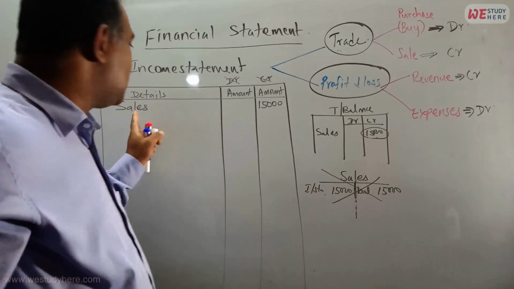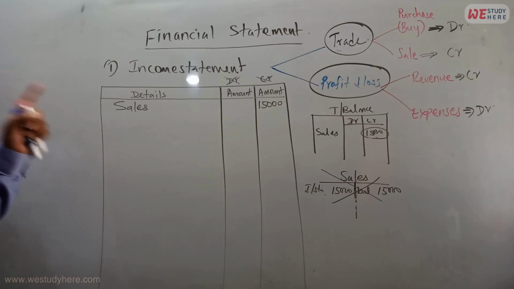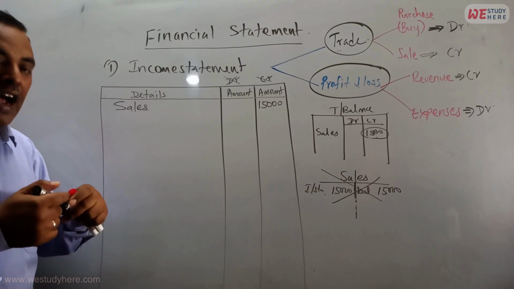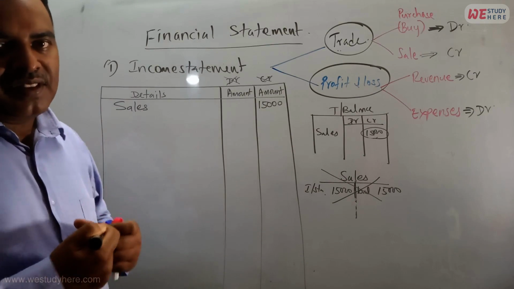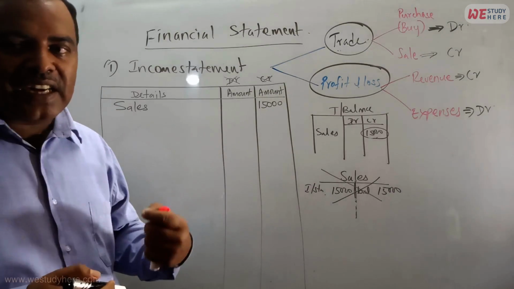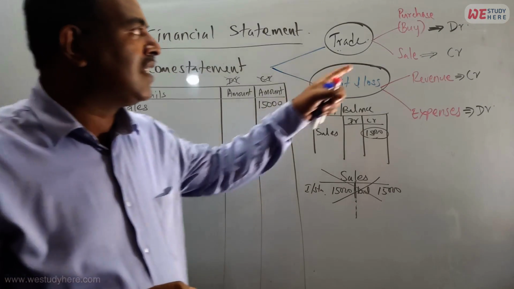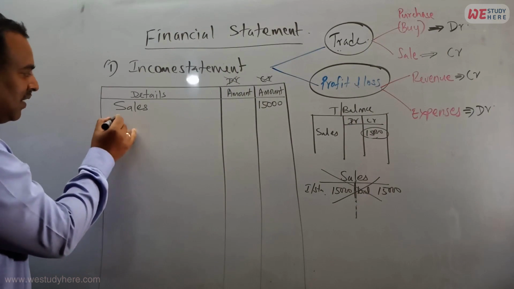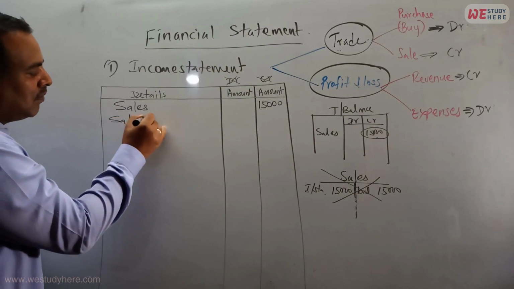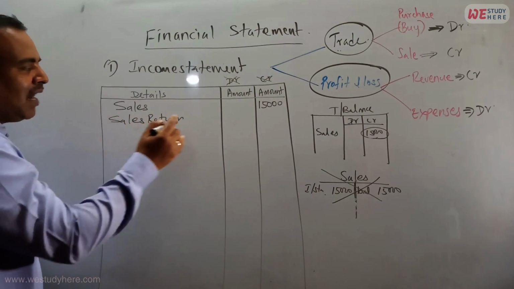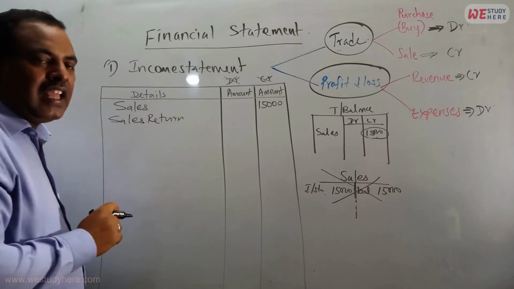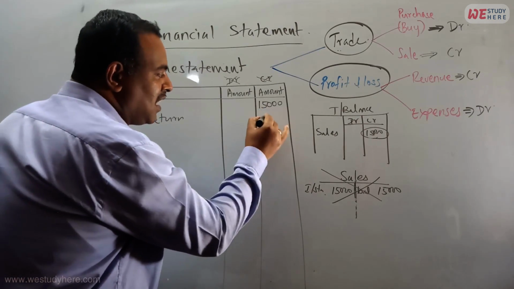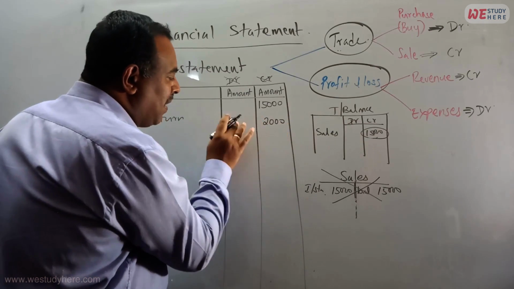Clear? Now the sales account is credit. The main important point is, if you have the sales, you have the sales return too. That sales return is a debit balance. You know that is a debit balance. If we have any debit balance, we should keep it on the debit side, right? If we move it to the other side, let's say $2,000, it should be on the debit side.